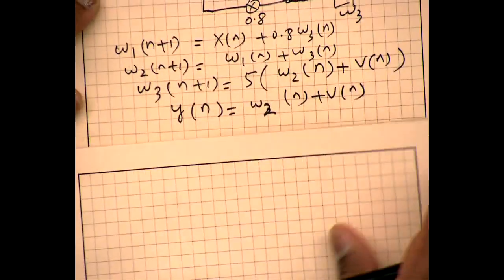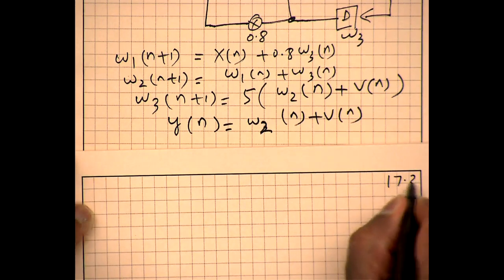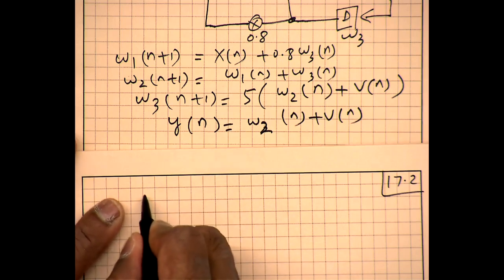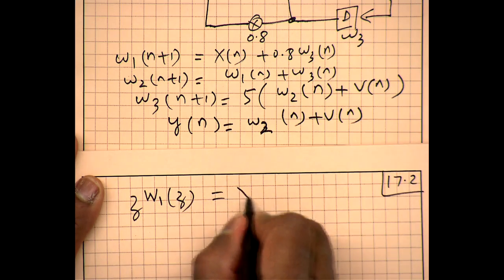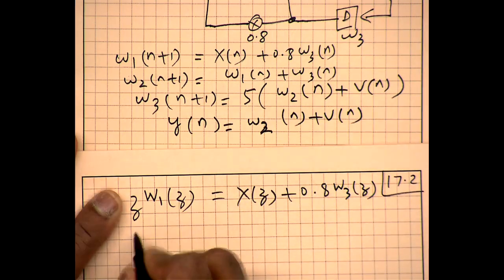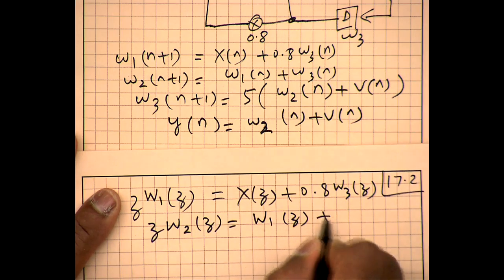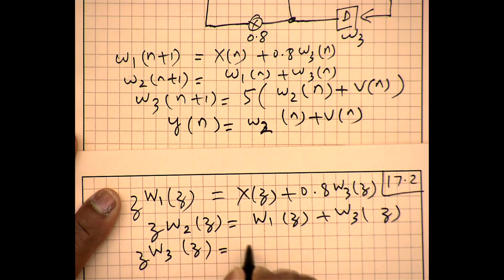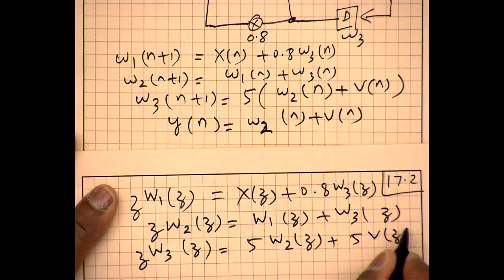So I can write z times W1z is equal to Xz plus 0.8 W3z. z times W2z is equal to W1z plus W3z, and z times W3z is equal to 5W2z plus 5Vz.